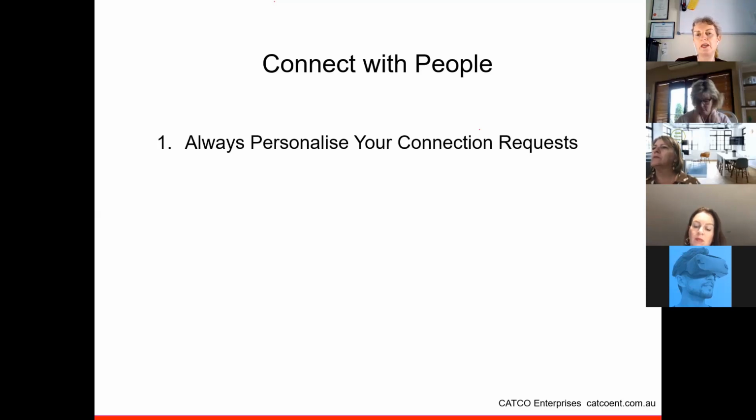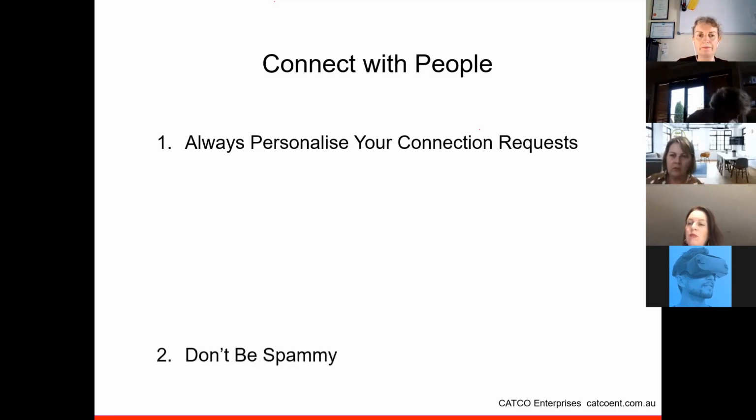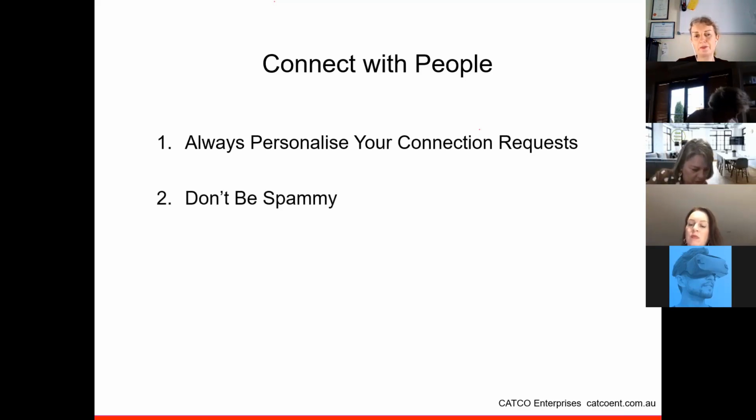So when you do that, make sure you send a message with it and personalise it to say, hey, Sue, I met you at a certain event, or I've seen you a few times, or Angela, it was great to catch up with you at XYZ, and just let people know who you are and why you want to make that connection. And please don't be spammy.